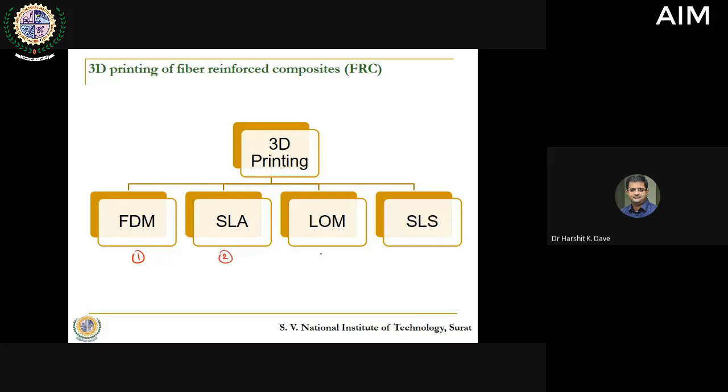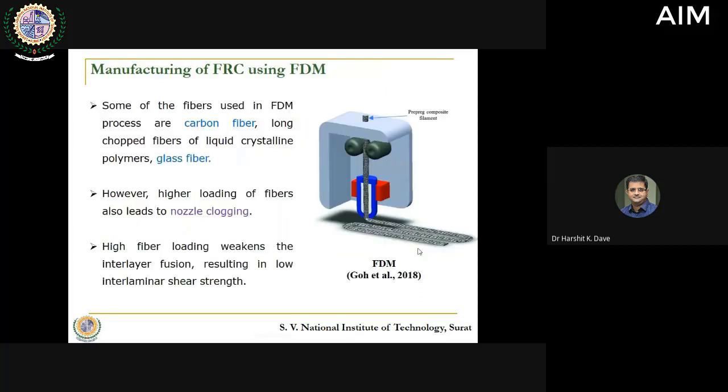Then we have the laminated object manufacturing, LOM process, and finally the 4th is the SLS process, wherein the powder is cured with the help of lasers. So these are 4 basic 3D printing techniques which are being used for printing of fiber reinforced composites.